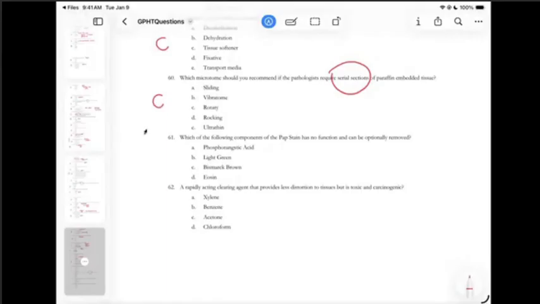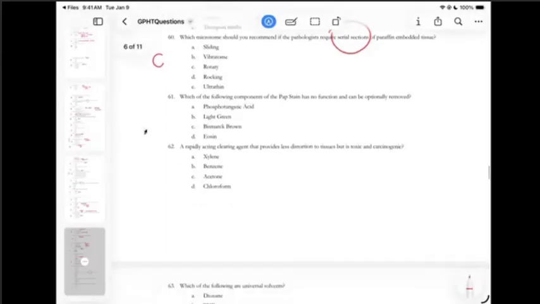Number 61, which of the following components of the PAP stain has no function and can be optionally removed? PAP stain, that's for your exfoliative cytology. So this is the Bismarck brown. Pwedeng tanggalin yung Bismarck brown.